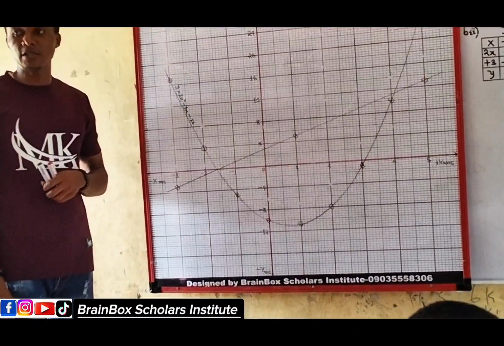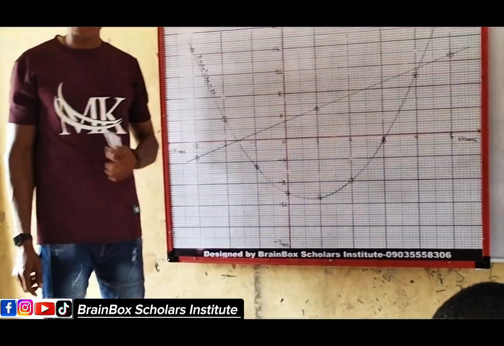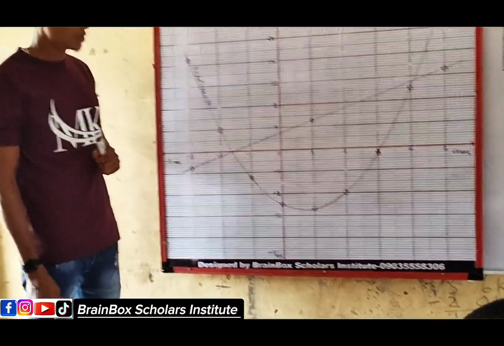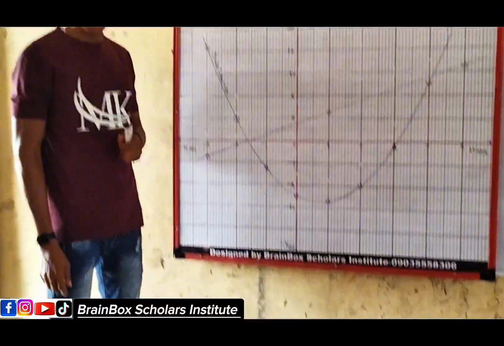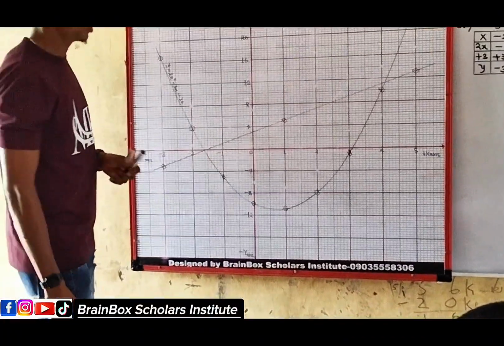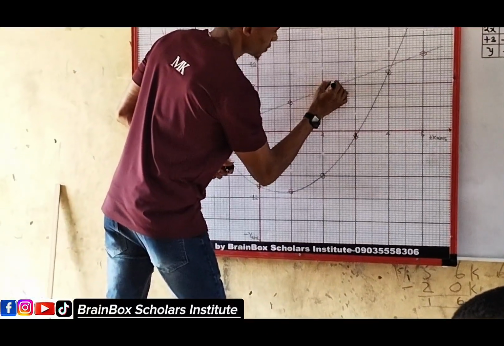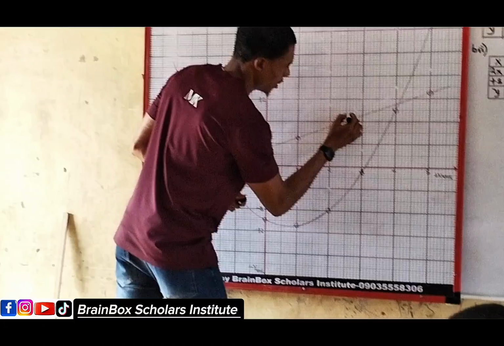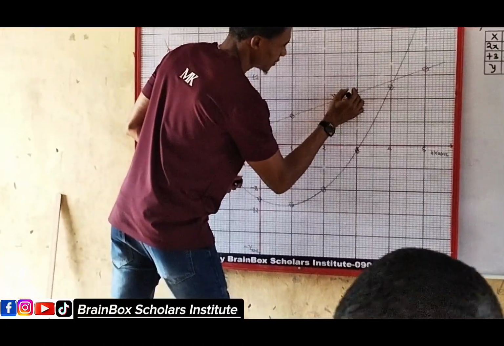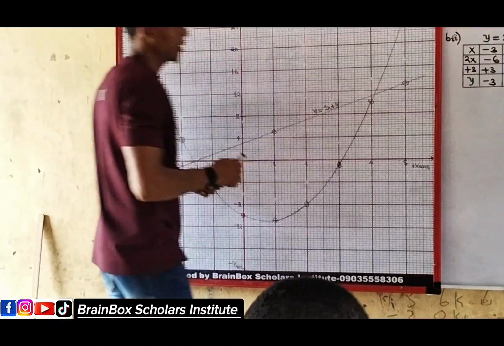Now, what's the next thing there? It is to label the straight line. So let me label my straight line, which is y is equal to 2x plus 3.